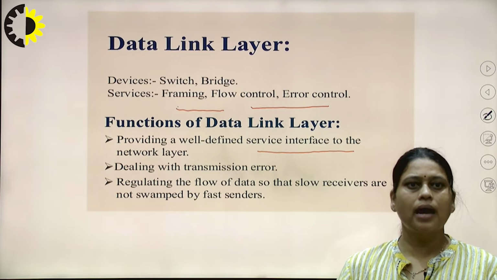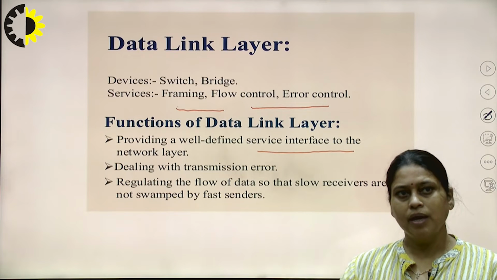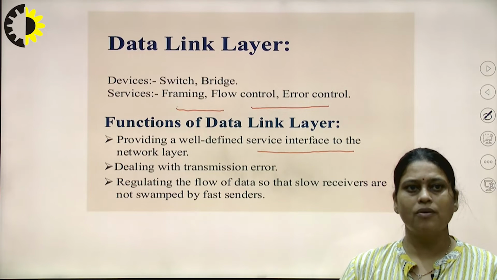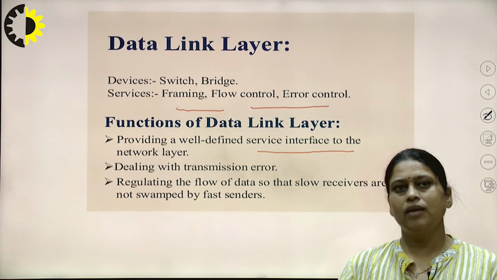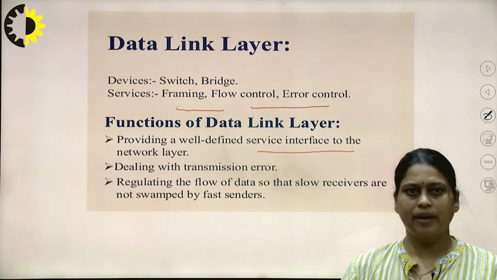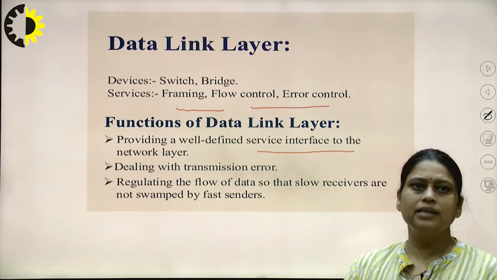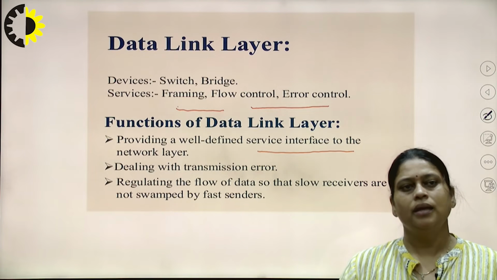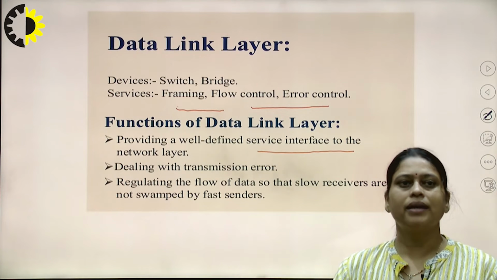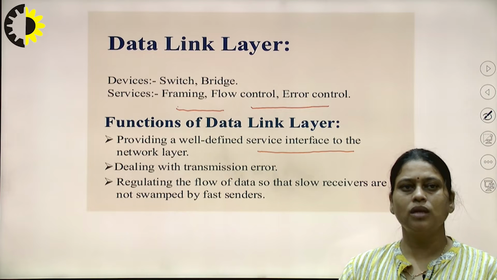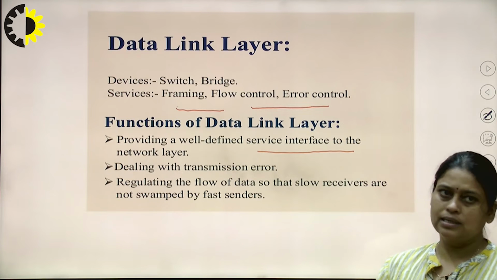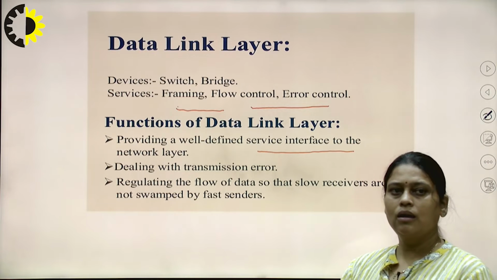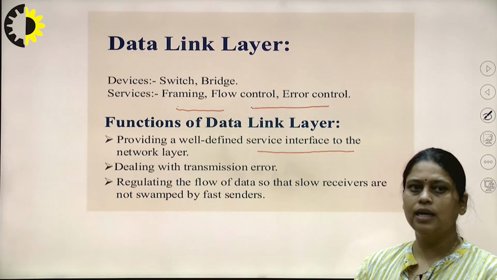The data coming out from the network layer is in the form of packets. The data link layer will convert these packets into frames and send these frames to the physical layer. Then the physical layer will further divide the frames into bits or signals. So, this is the first function of the DLL layer.